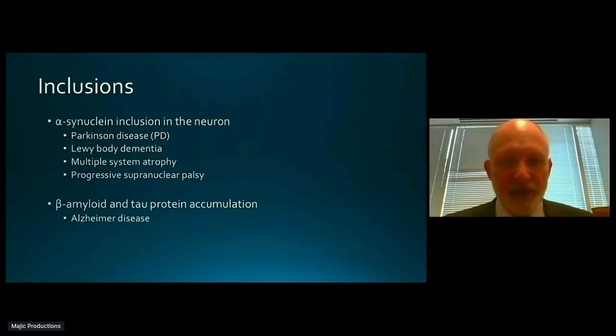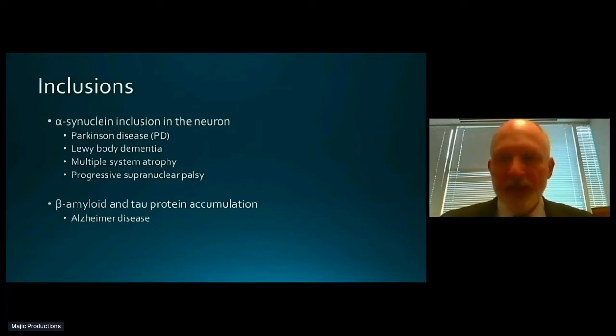Now, in contrast, Alzheimer's disease accumulates beta amyloid and tau proteins, and that's not important for us. But just to say that that would differ from what's happening with Lewy body dementia. And there are some clinical differences that we're not going to go into.